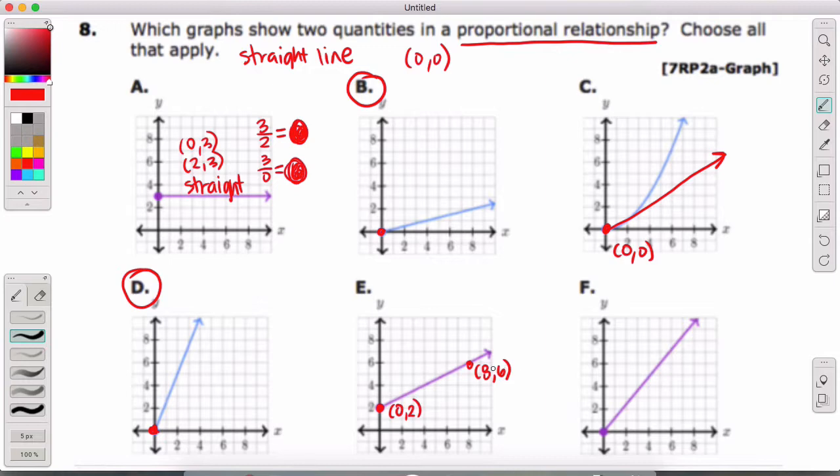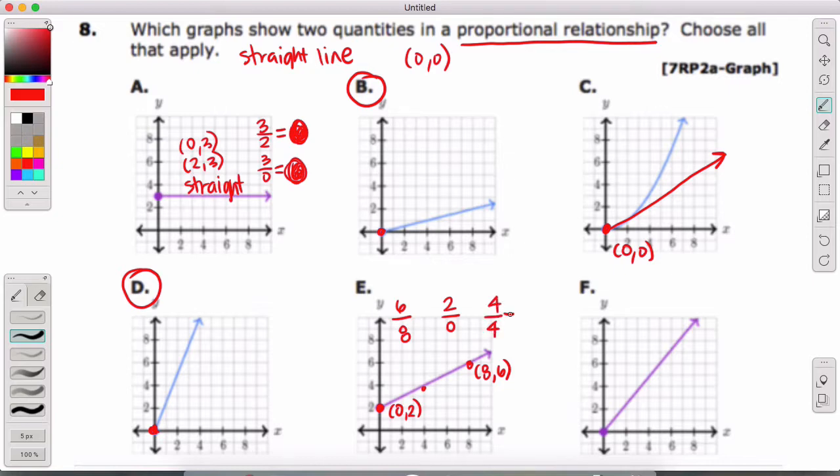So y over x, 6 over 8, and then, oh, I did that backwards. Nope, I didn't. Y over x, and 2 over 0. And I can look at one more. 4 over 4.